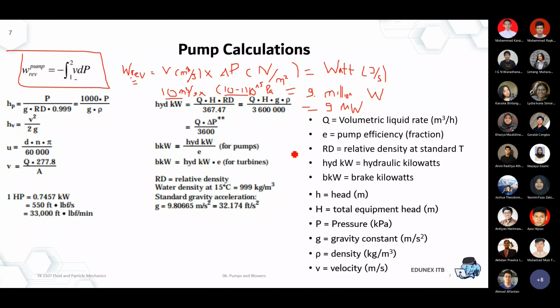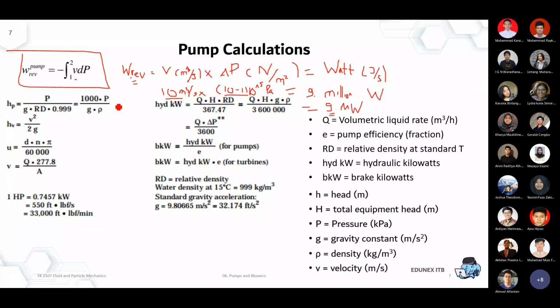What kind of flow rate do you use in your water pump at home? Maybe less than 1, and the delta pressure probably from 1 bar to 3 bar. That's why your pump requirement will be in the order of 200, 300, or at most 500 watt in your home.